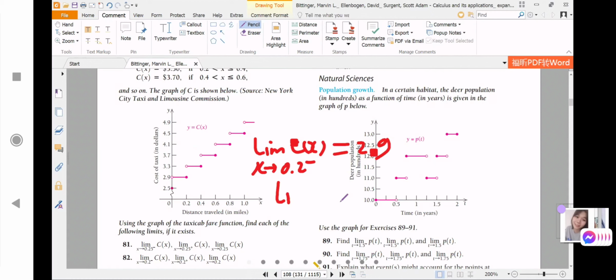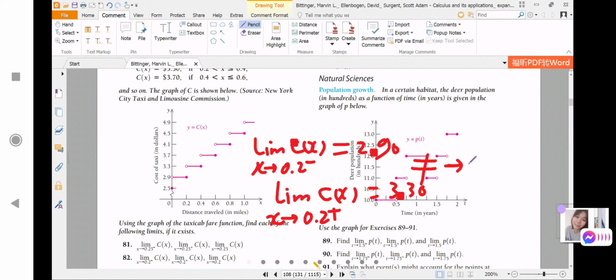But the limit of f(x) when x tends to 0.2 plus equals 3.30. And they are different. So we imply the limit of f(x) when x tends to 0.2 does not exist.